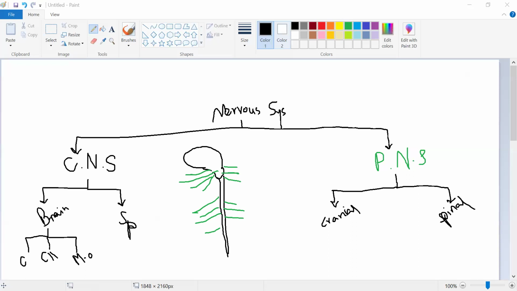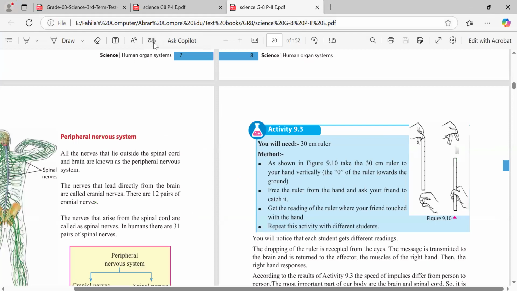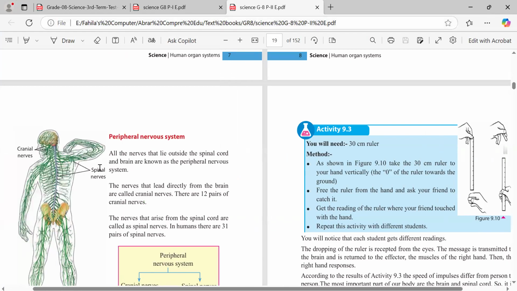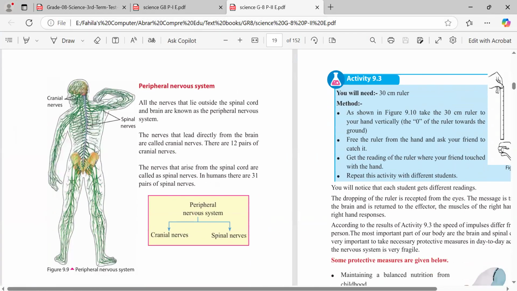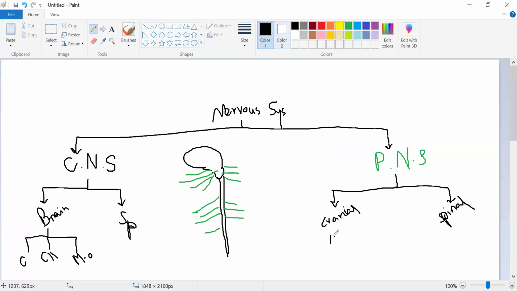I want to share my textbook also, so that you can see the place where it is mentioned. On this page, you can see the peripheral nervous system. There are 12 pairs of cranial nerves, 31 pairs of spinal nerves. When they mention some numbers in your book, Putta, make sure that you know about it.